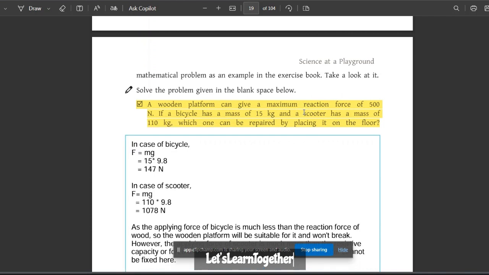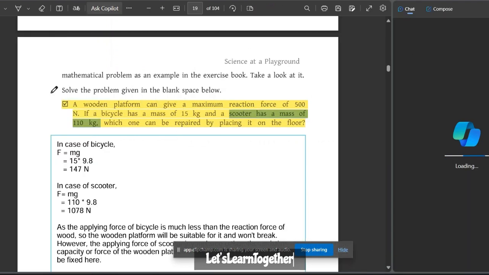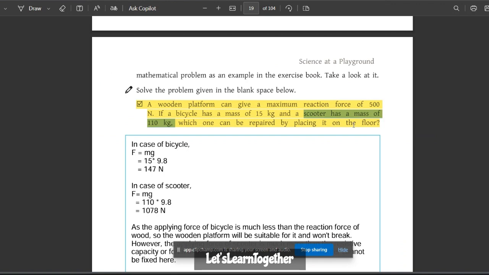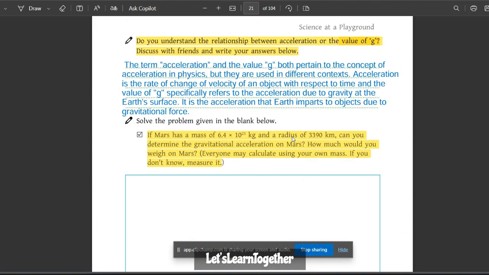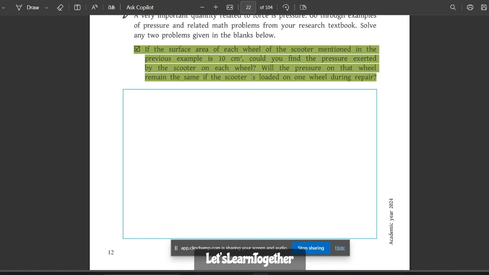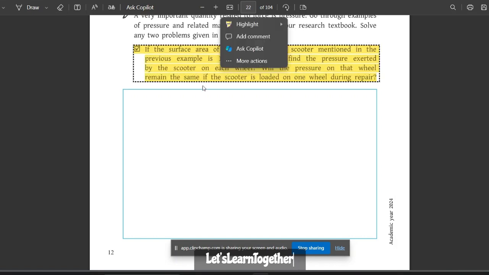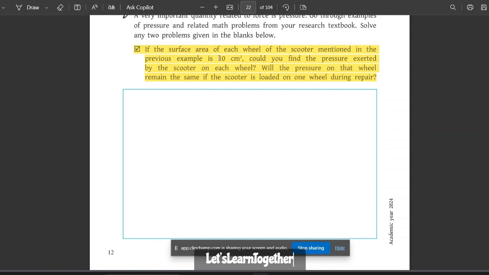The mass of the scooter is given as 110 kg, and we don't need anything else from here. The new data that has been given is that the area of each wheel is 10 square centimeter.